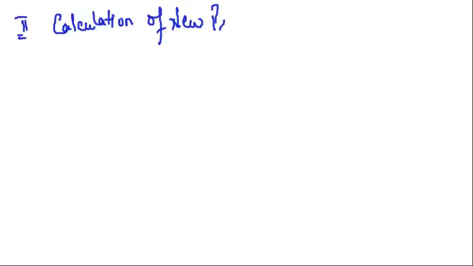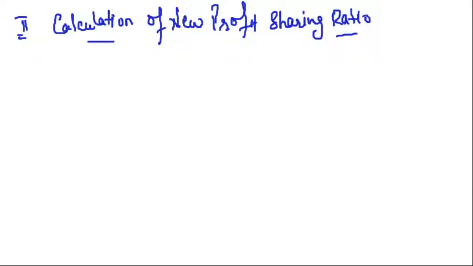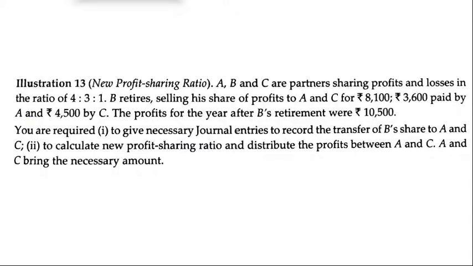We'll say calculation of new profit sharing ratio, right? Now see the question. They say the 8100 share of B has been acquired by A and C as 3600 and 4500.